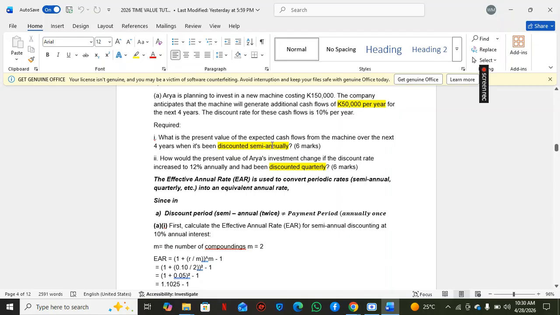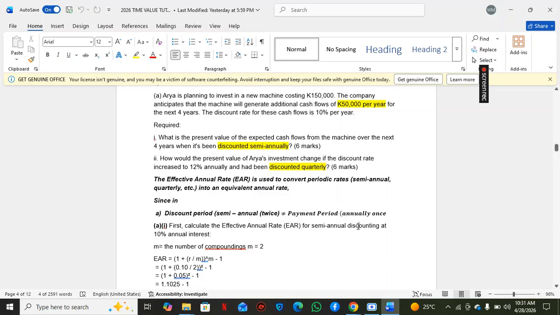But these cash flows are being discounted semi-annually. So the discounting period and the payment period are not the same. The discount period is semi-annual, which is twice. The payment period is annually, which is once. So we need to find a way to equate them.